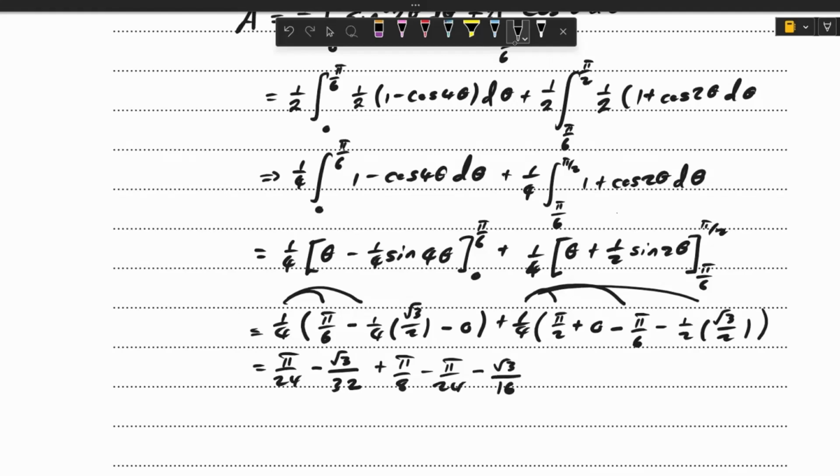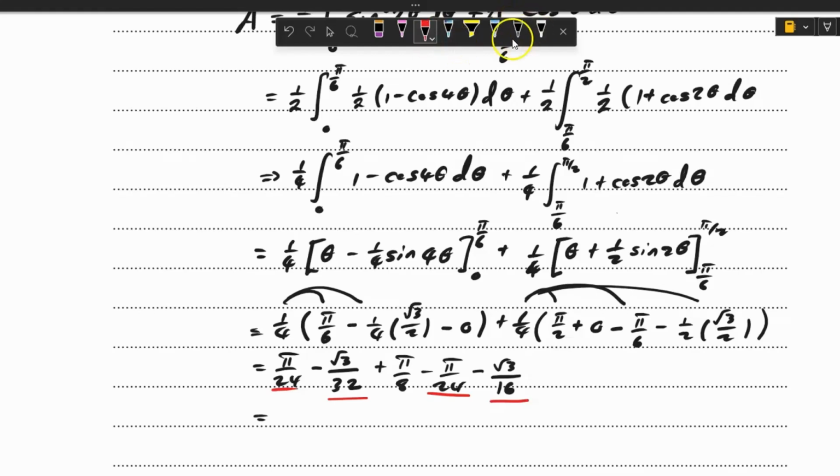All right, so I think you can see that these two terms will give us 0 when they add up. Okay, and minus root 3 over 32 minus root 3 over 16 should give us minus 3 root 3 over 32.